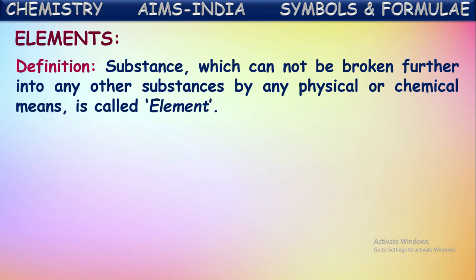Even though you break it, the substance will be the same kind. Simply to understand, the substance which is made up of only one kind of atoms is called an element.